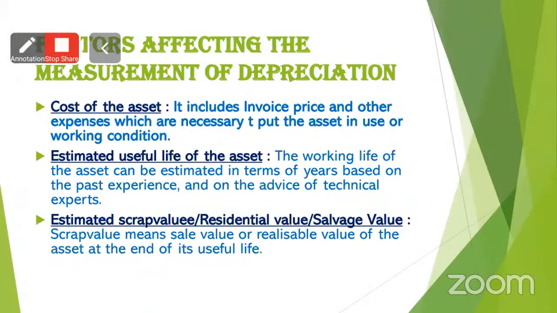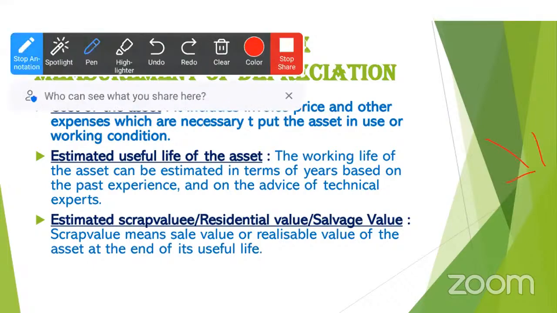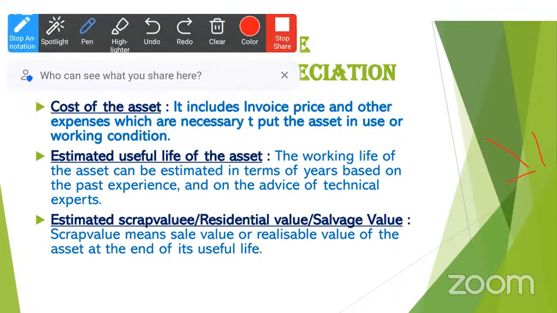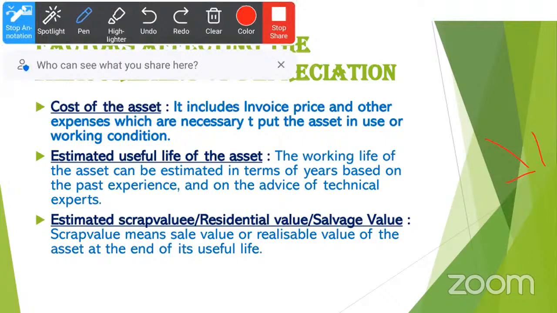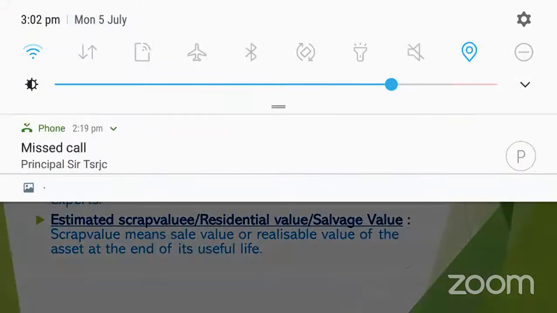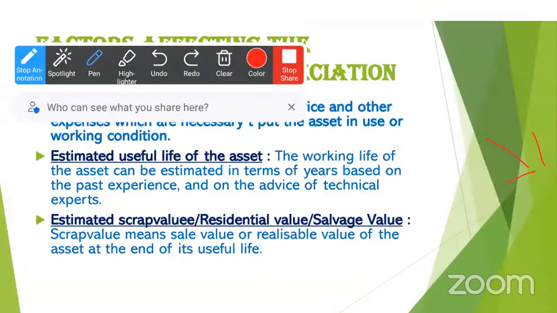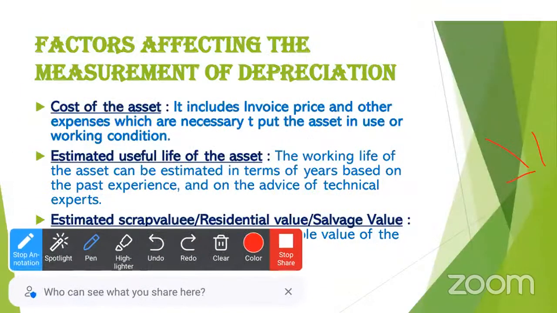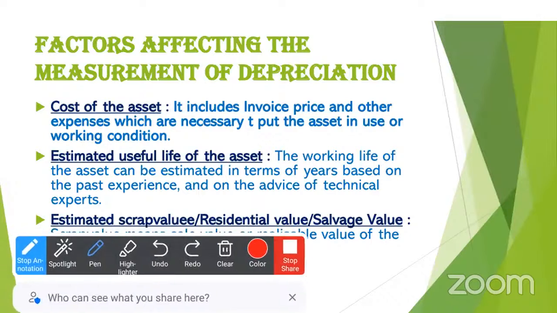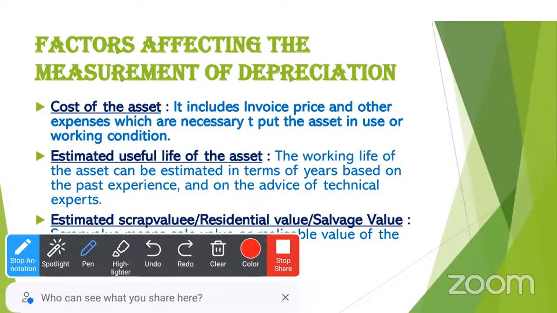Okay, next, what we discussed, factors affecting the measurement of depreciation. What are the factors that affect the depreciation? Cost of an asset. It includes invoice price, it means purchase price, and other expenses which are necessary to put the asset in use or working condition.